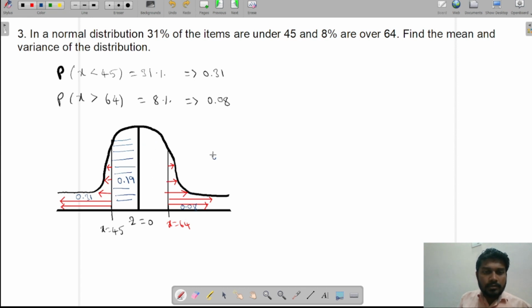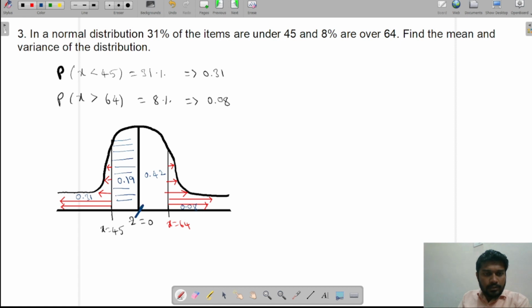Tell me. 0.5 minus 0.08, it will become 0.42. Yes or no? So this empty area space is 0.42. Okay, is it clear everyone?